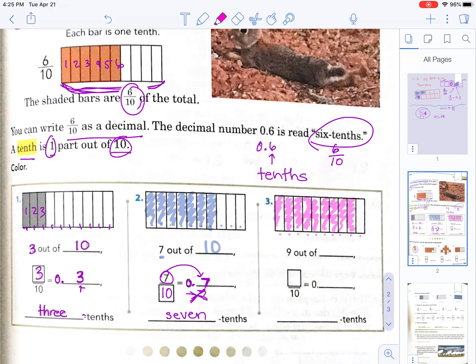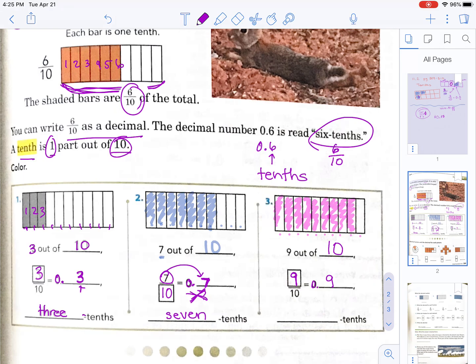Do you see there's 9? Out of how many did we say? 9 out of 10. Okay, so as a fraction, how many is that? Well, we know the shaded in parts become the numerator. So there's 9 parts out of 10. And for our answer here, they already have the 0 and the decimal. So 9 tenths.